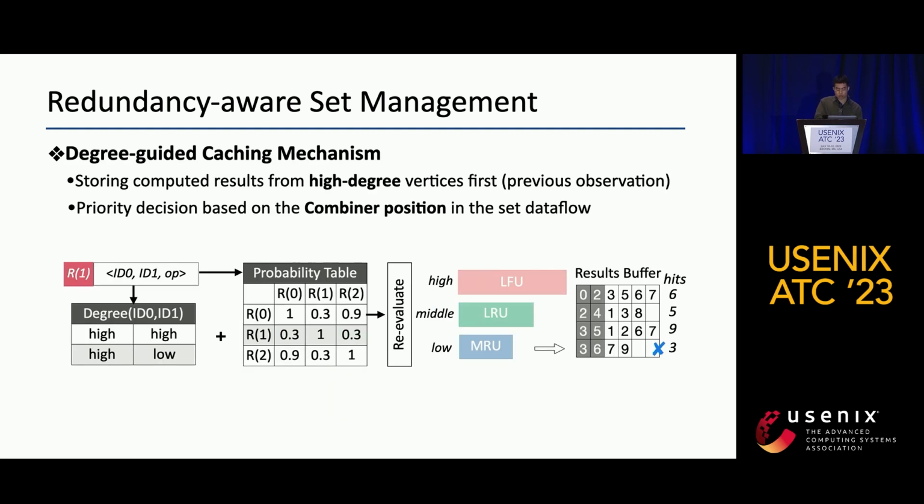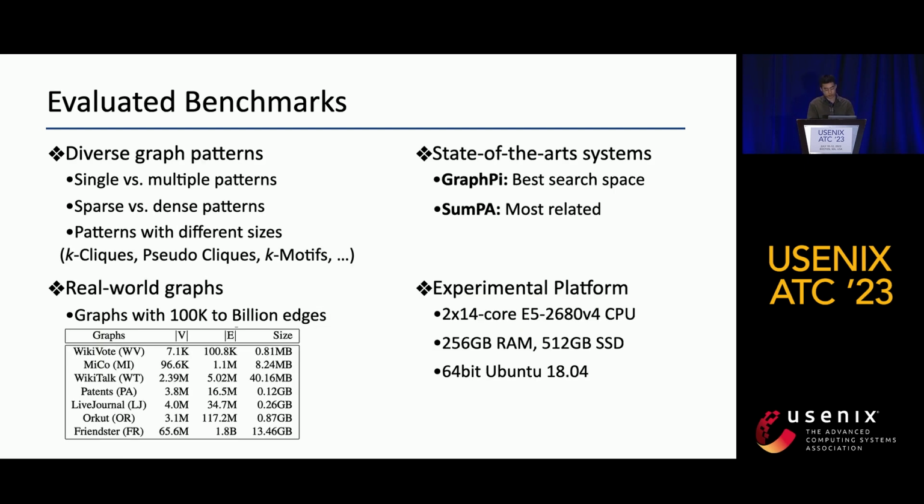The caching approach takes into account 2 factors: the degree of involved vertices and the place in the data flow where results are produced. High-degree vertices are generally favored, and the results produced at the start of the set data flow are typically reused by following combiners at lower levels.